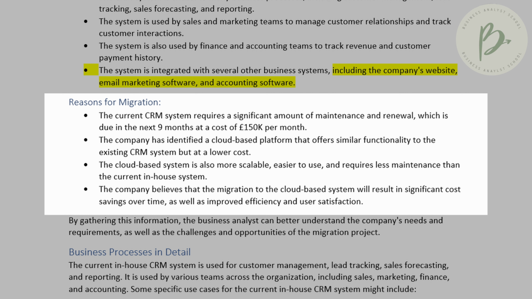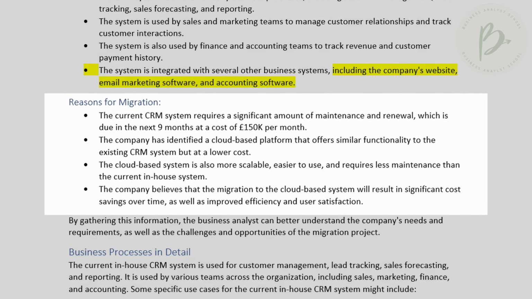So the business analyst has also identified that a cloud-based platform will offer similar functionality, maybe even better, to the existing CRM system, but at a lower cost. Another reason is that the cloud-based system is more scalable, it's easier to use, and it requires less maintenance than the current in-house system.